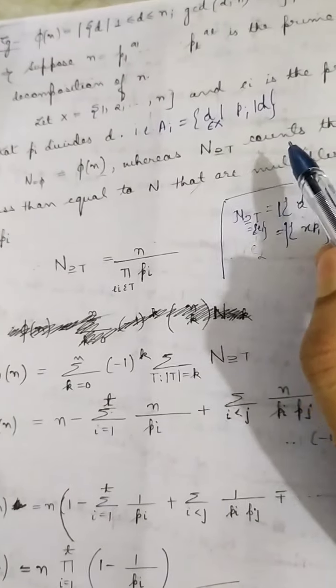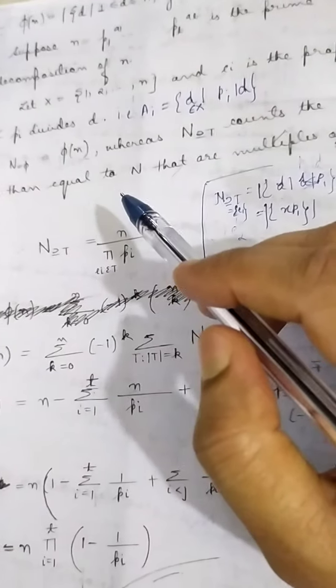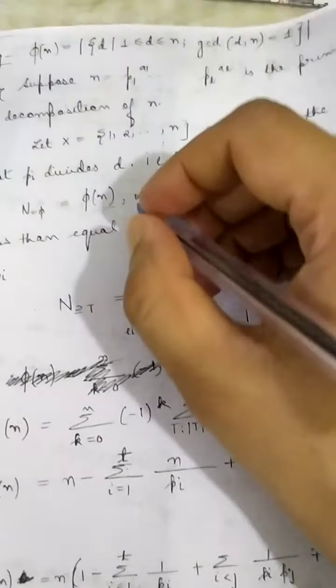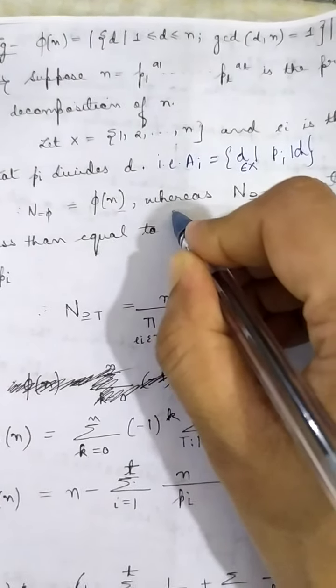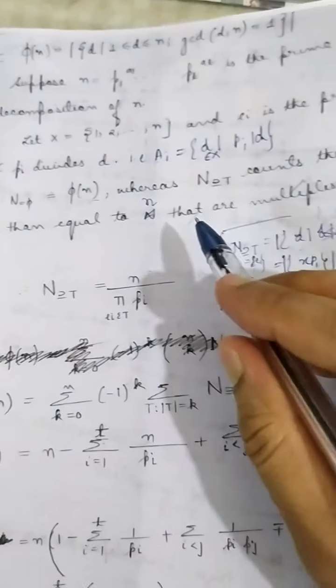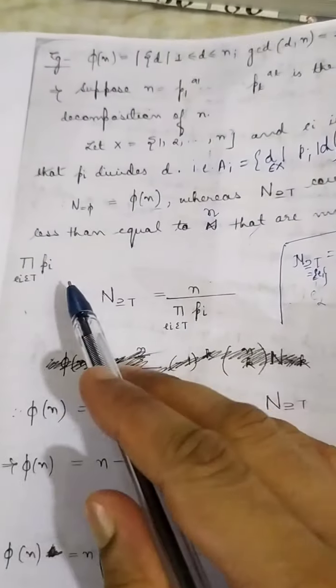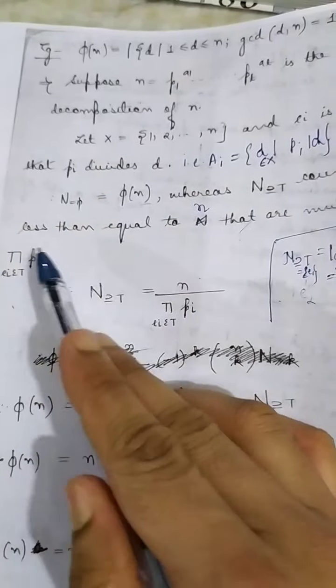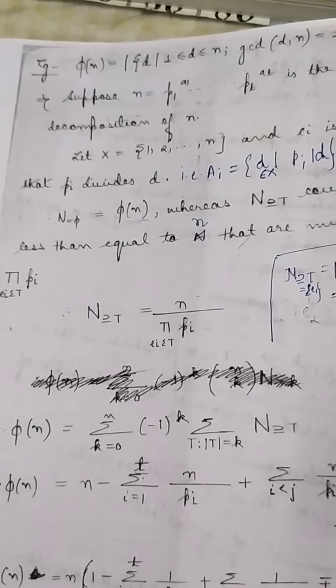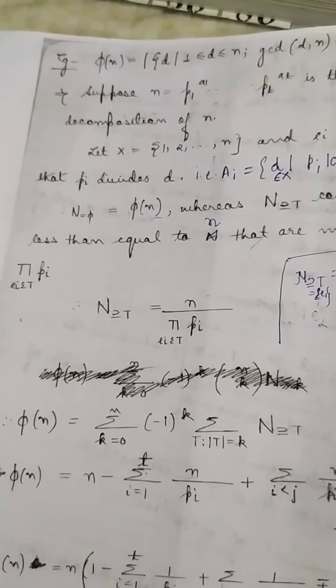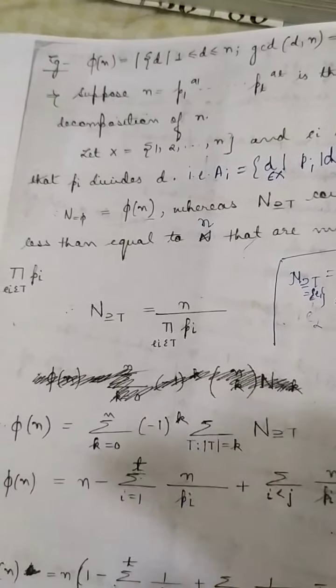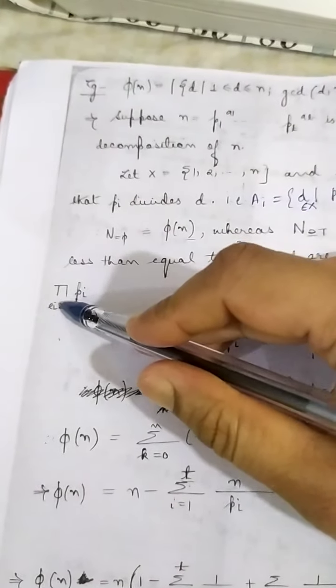So in general, it counts the integers less than or equal to small n, this is not capital N, that are multiples of pi, where ei belongs to d, depending upon ei.